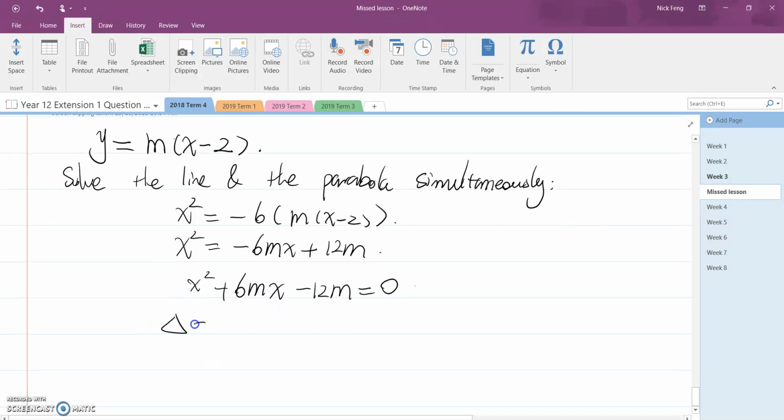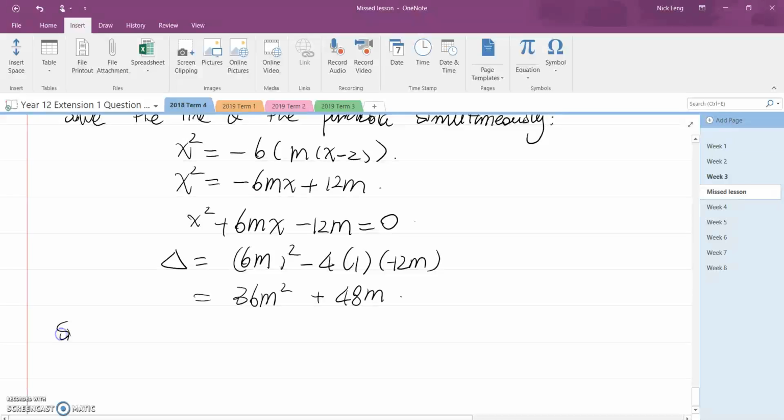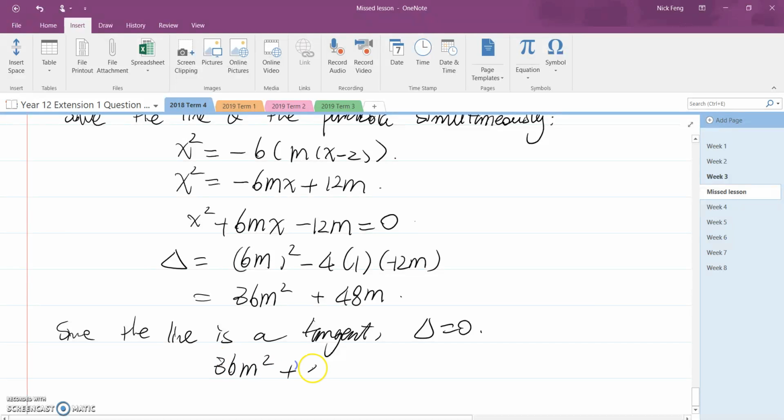Now, the discriminant equals (6m) all squared minus 4ac. Don't forget, it's the 12m that is the whole c, not just the 12. That gives 36m squared plus 48m. Since the line is a tangent, the discriminant equals 0.